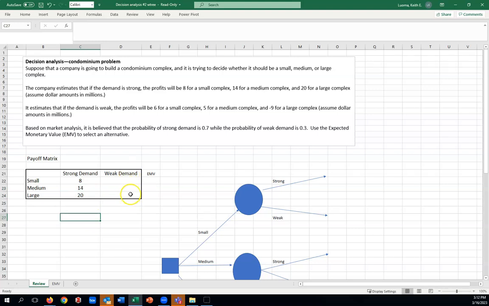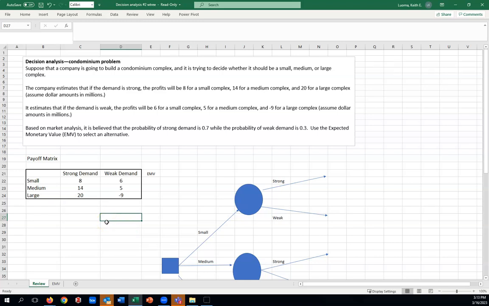On the other hand, if the demand is weak, that would correspond to the next sentence here. If demand is weak, our profits would be 6 for a small complex, 5 for medium, and a loss, so I'm writing it here as a negative number, loss of 9 million. Okay, so that is what's known as a payoff matrix.